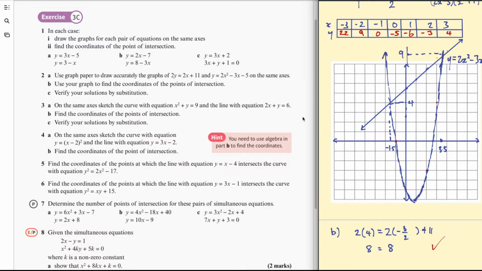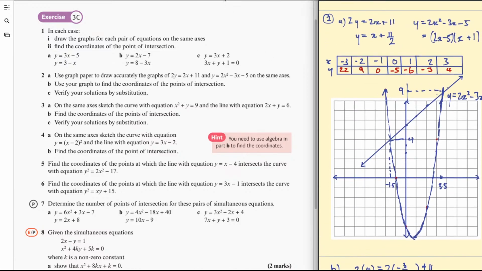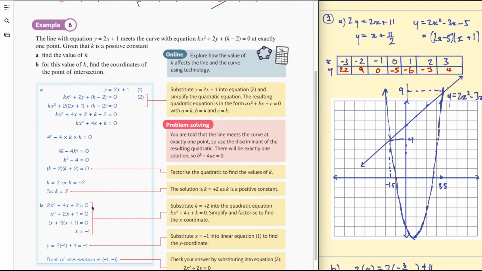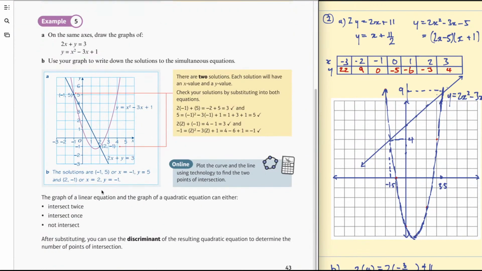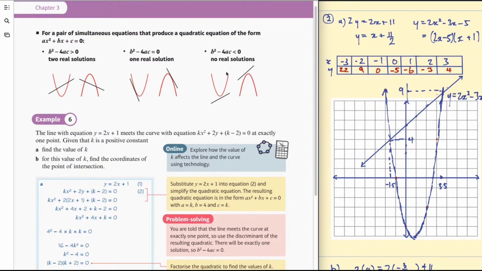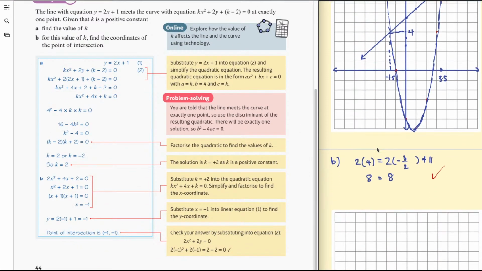And then for the quadratic, actually, how do they suggest to do that? Yeah. Plug them into both.